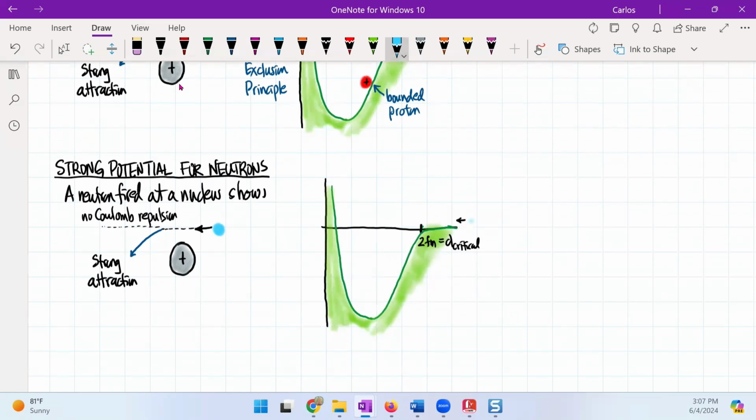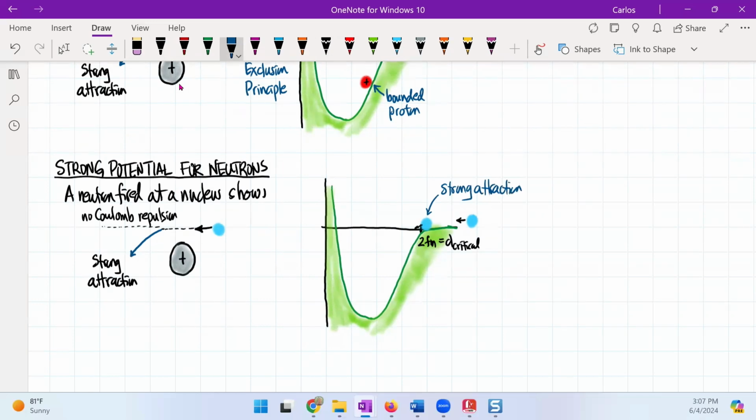If I look at my neutron, it's coming in and going straight. The potential is flat. So we start to experience the attraction about right here. Here we're getting strong attraction.